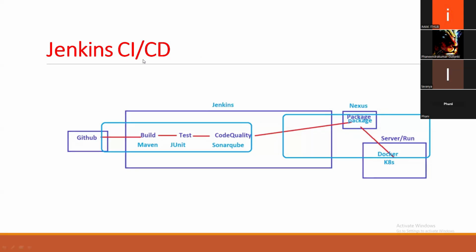So, Jenkins CI/CD. From GitHub we take the code and build it through Maven. Then we do JUnit testing and code quality checks with something like SonarQube. Once that is done, we package it and push the package to a Nexus, JFrog, or GitHub Artifactory.